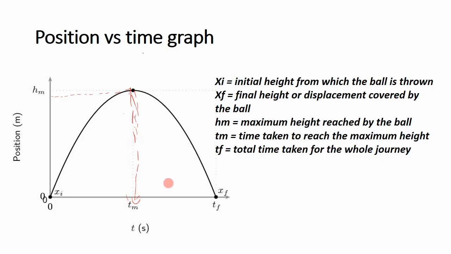And then Tf, that will be the total time taken for the whole journey, right? So all the way from when the ball is released, goes to the maximum height and back to the ground, right? So it's simple to draw a position versus time graph because you simply look at the trajectory of the ball. You just look at the path that the ball takes, and then you just try to draw it into your position versus time graph.